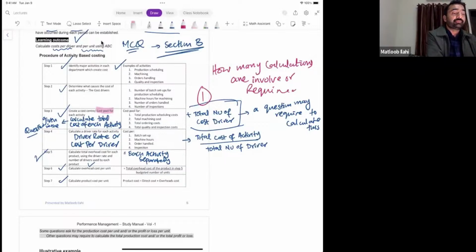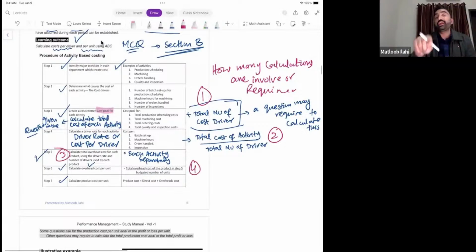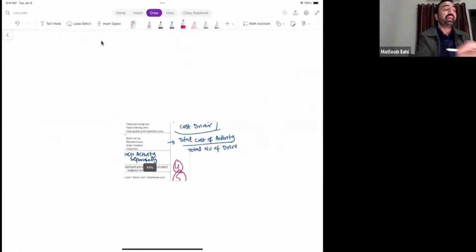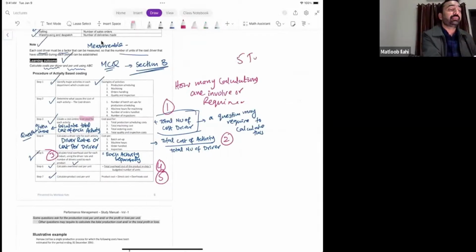Step number 2: the activity driver rate calculation is involved. Then this calculation is required: total overhead for each product. Then the overhead cost per unit. And then calculate product cost by adding overheads to the prime cost, or direct cost. So these are the 5 types of calculation required.